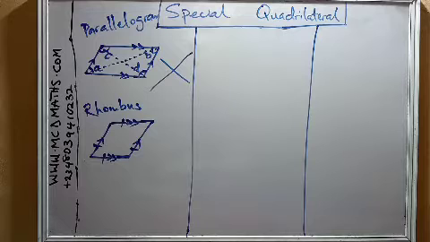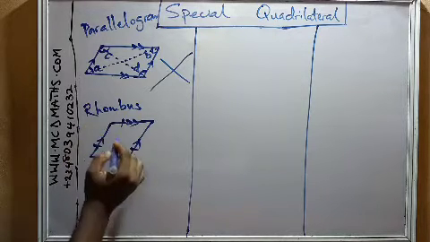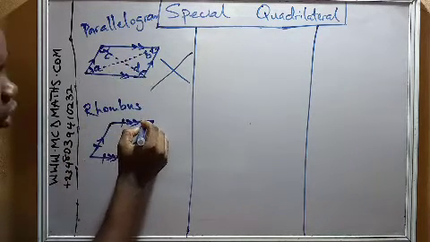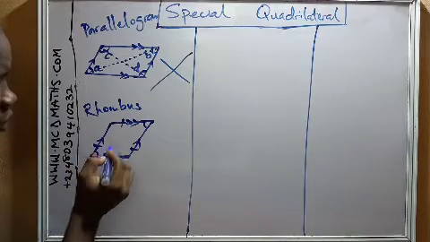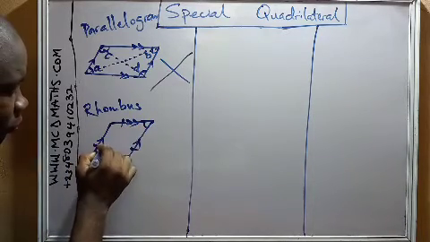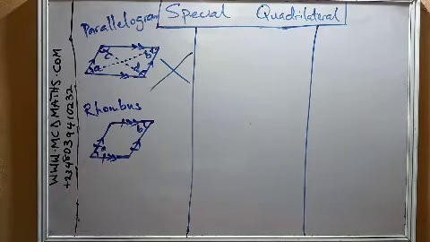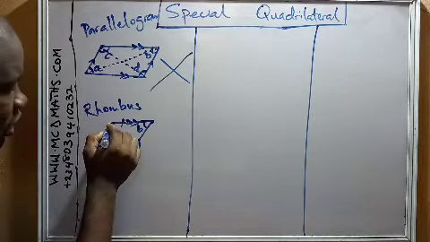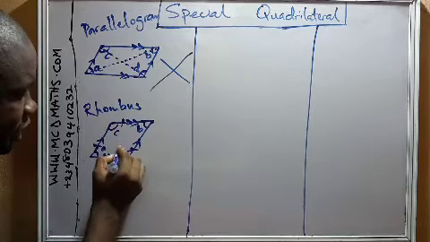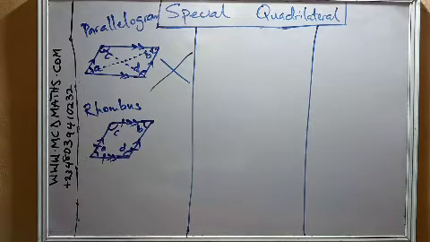Now, apart from all sides being equal, a rhombus also follows the same pattern. Opposite angles are equal. So A and B are equal, and C and D are equal, just like the parallelogram.